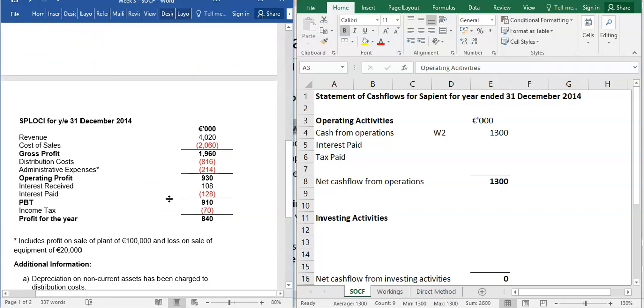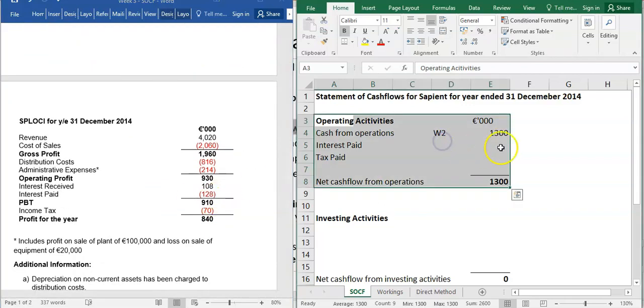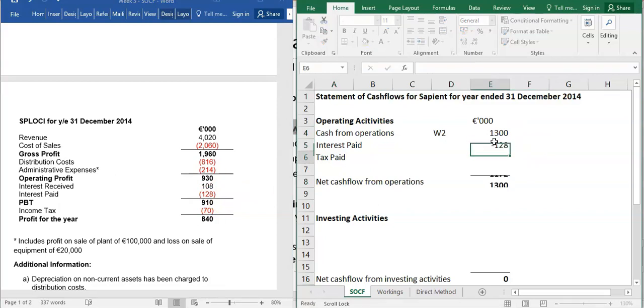It must have been debit the P&L, credit bank. So all we put here is minus 128. Nice and straightforward one. And I put there SOPL to signify that there's no workings there. It's actually coming straight from the statement of profit and loss. So if there's no opening or closing liabilities, you don't need to worry about it. You can take it straight from the P&L.